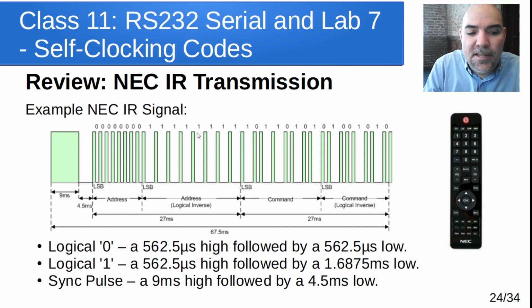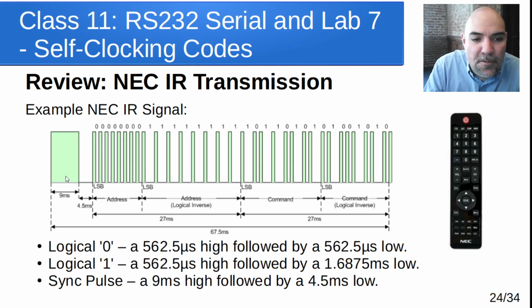So you can see here that both logic 0 and logic 1 have this 562 microsecond high pulse, but then a logic 0 has a ratio of 1, also a 562 microsecond low pulse, but a logic 1 is a 1 to 3 ratio: 562 followed by a 1.6875 millisecond low, or 1,687 microsecond low.